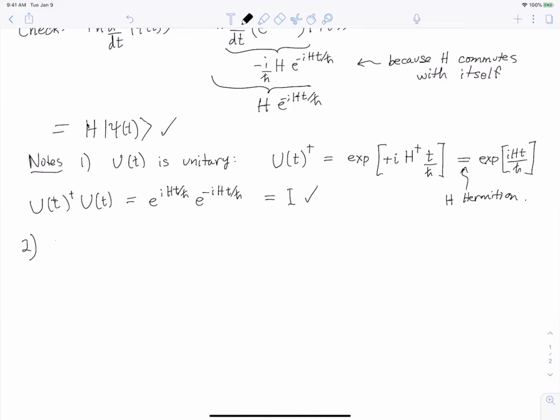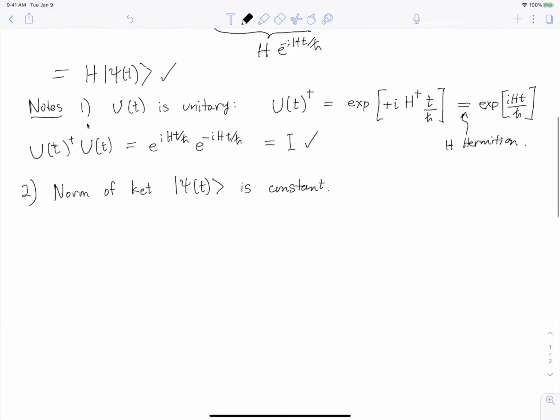Another comment is that the norm of the ket psi of t is constant. Proving that is a one-liner.